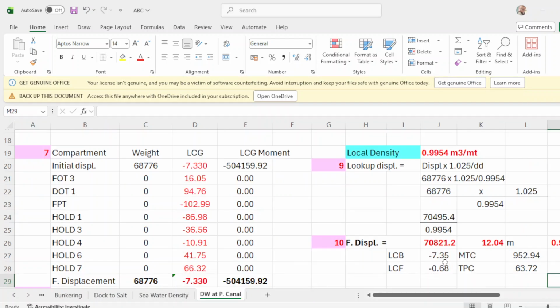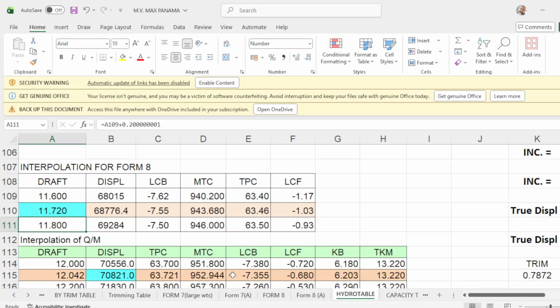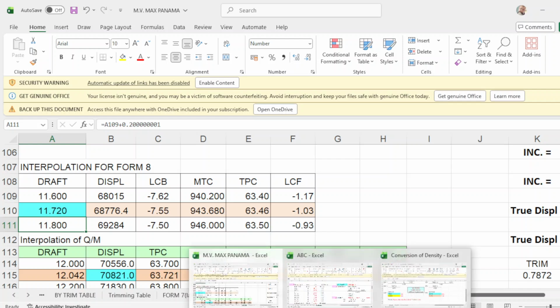And your LCF is negative 0.68. LCF is negative 0.68. Okay.